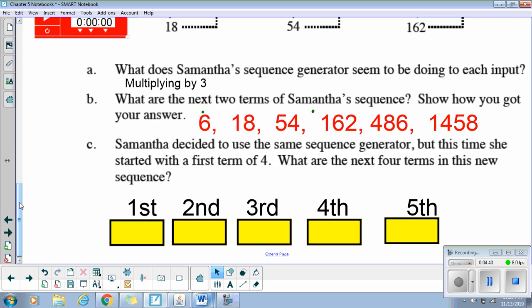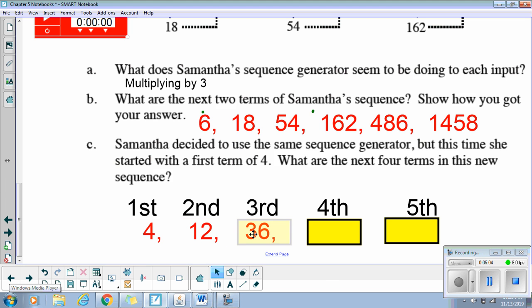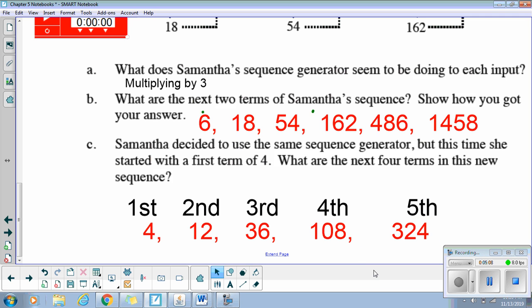And then part C, Samantha decided to use the same sequence generator, but this time she started with a first term of 4. So the sequence generator above was times 3, so we're going to use that again. But instead of an input of 6, I'm going to start with an input of 4. So we know my first term is 4. Multiply that by 3, I get 12, 36, 108, 324.